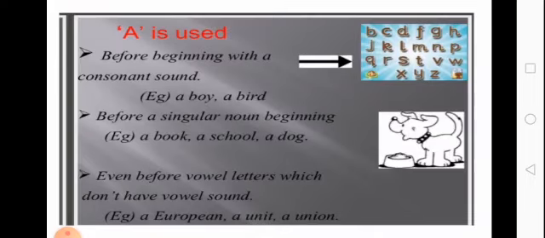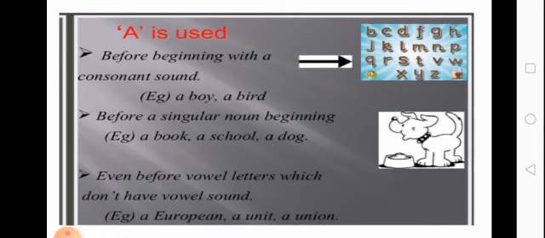A is used before words beginning with a consonant sound. Now, where will we use a? We will use a with the words that start with consonant sounds. For example, a boy, a bird. Before a singular noun, a book, a school, a dog.